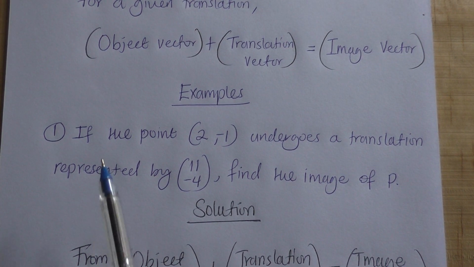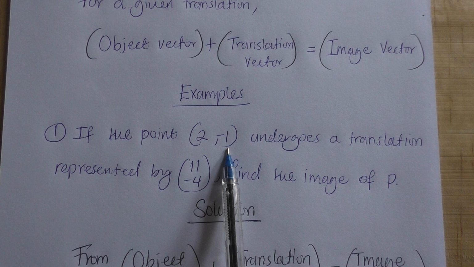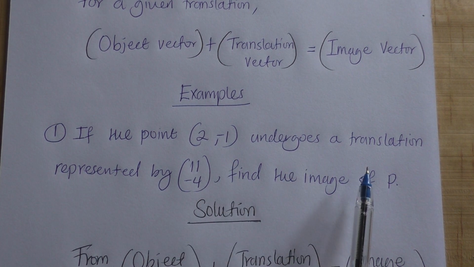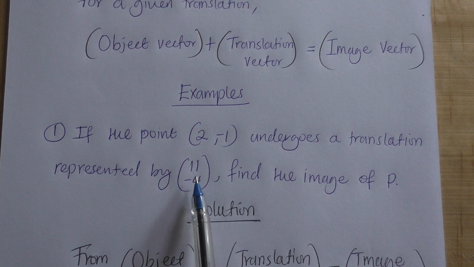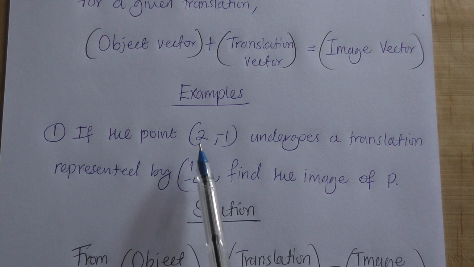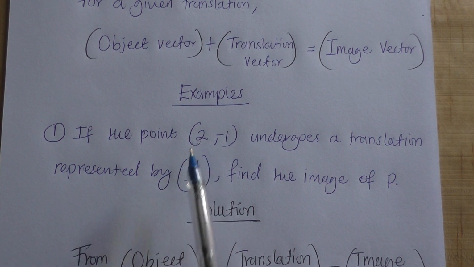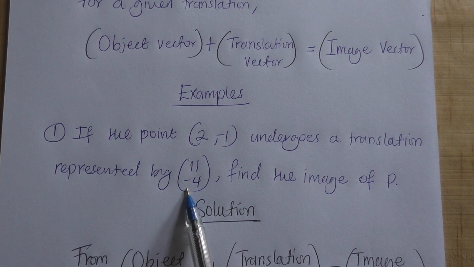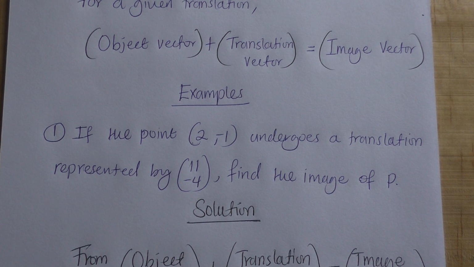Number 1 says, if the point 2, -1 undergoes a translation represented by a vector 11, -4, then we are supposed to find the image of object P. So, in the question, we are given the object coordinate, we are given the translation vector, so we are meant to find the image vector, hence the image coordinates.